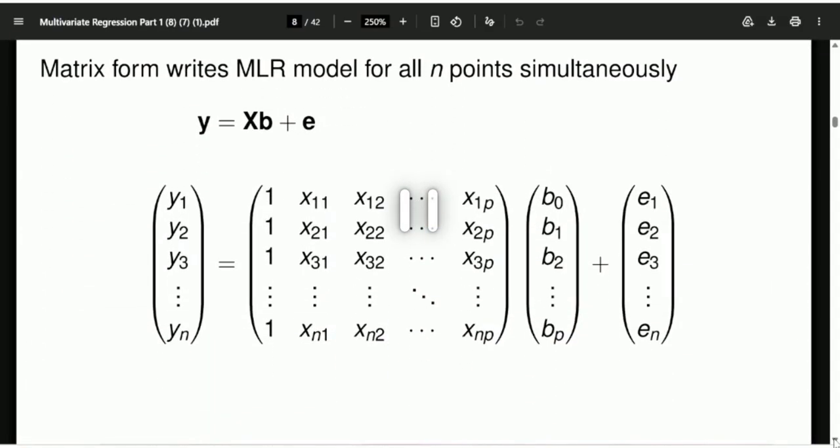This very y here is this. This very X is the whole of this. The 1, 1, 1, 1, 1, 1 is for the intercept. Does that make sense? This very b is this, and the error is that. Can you see that? So you can see that the dimension of the response is the same as the dimension of the error.